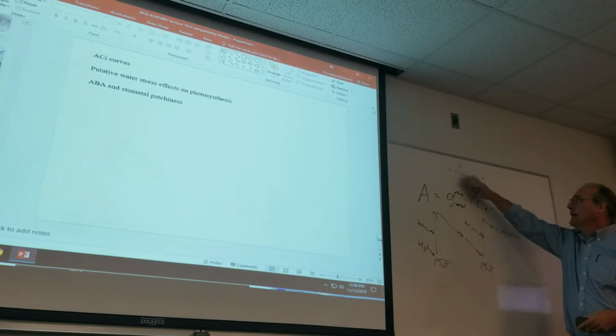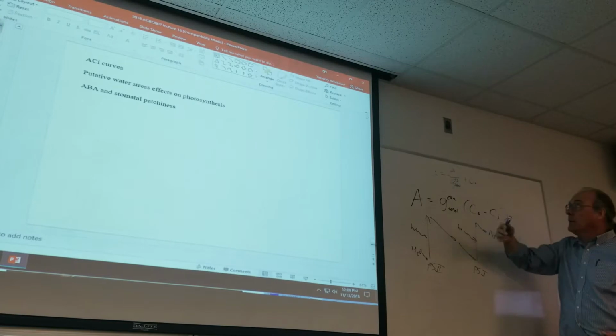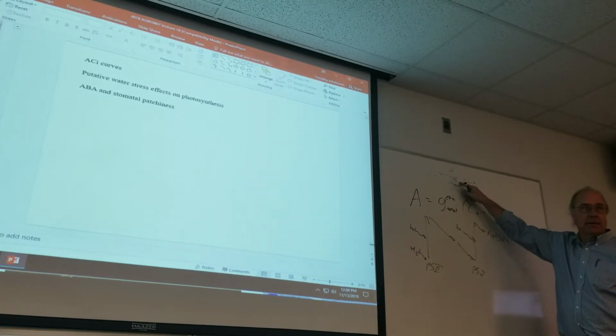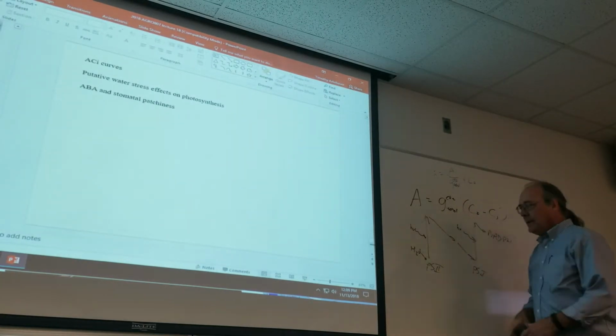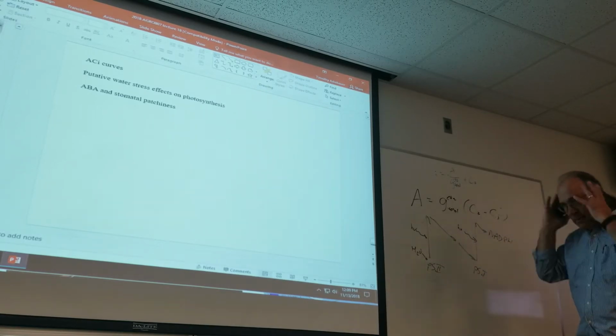Suffice it to say that Ci is calculated based on some equation that involves the photosynthetic rate, the ambient CO2, the total leaf conductance, and it turns out the transpiration rate. And remember, I was drawing this chamber, and how do you know that equation is right?